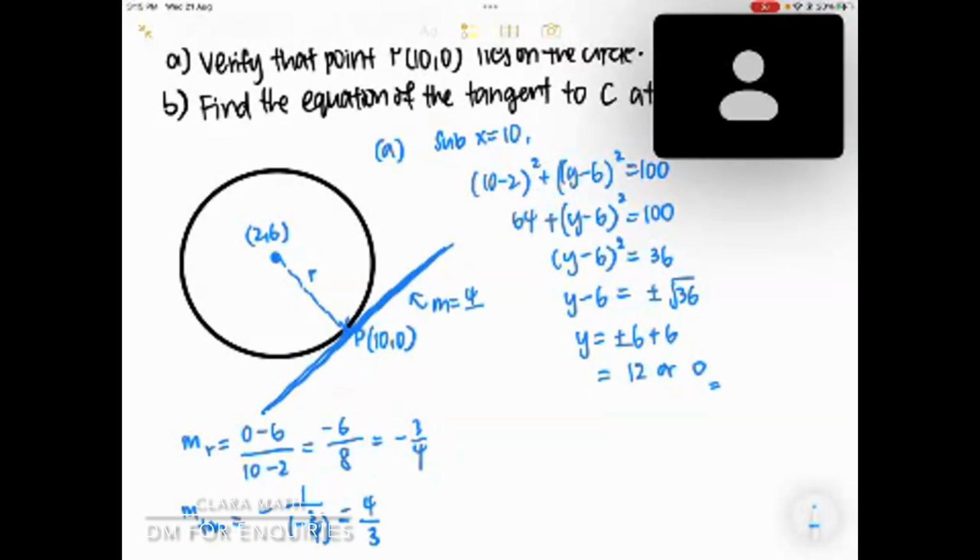So now I need to come up with the equation. The equation is y equals 4 over 3 x plus c. The point on the line is P, so the 10 and the 0, I can sub it in. Sub P inside, so y is 0 and x is 10.